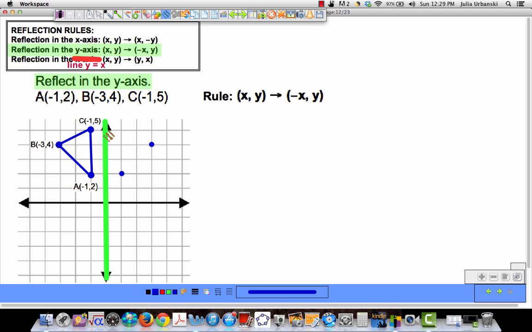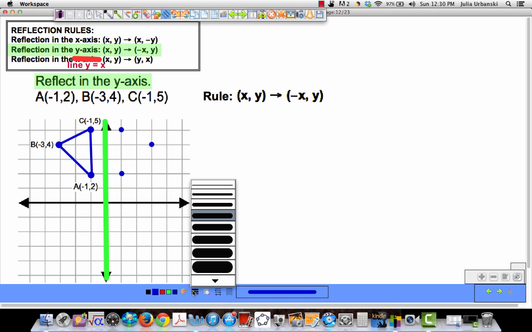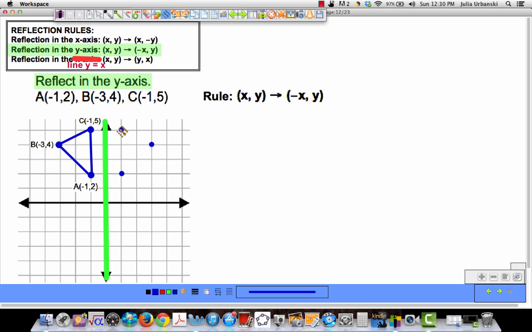And up here at the C, it's exactly 1 point to the left, so we're going to go exactly 1 point to the right, the opposite. And we're going to call that C prime, and then we can connect them and see what our new image would look like. And there it is. You can see that it's exactly flipped on the other side and it matches perfectly.